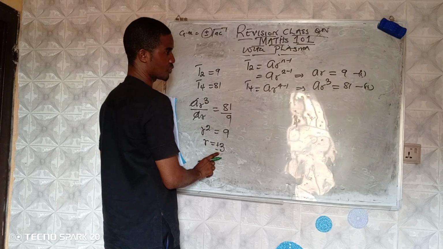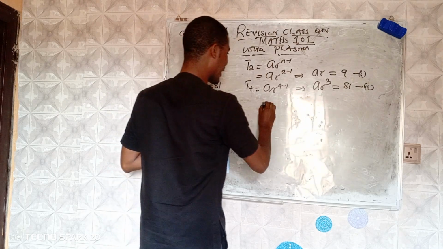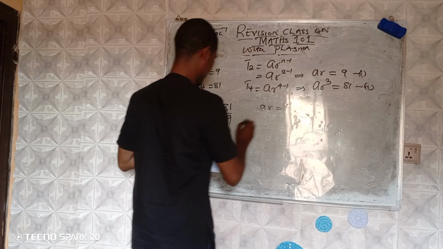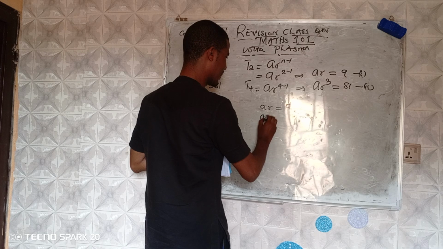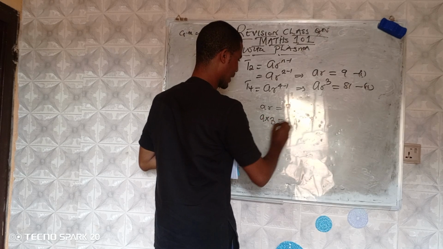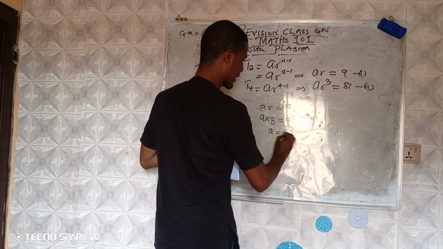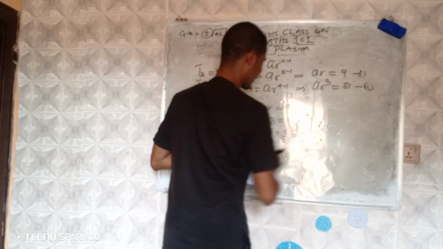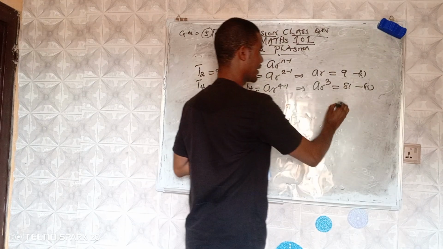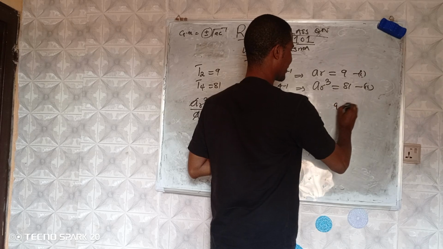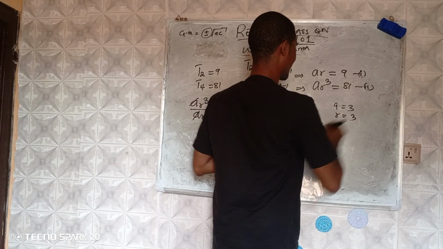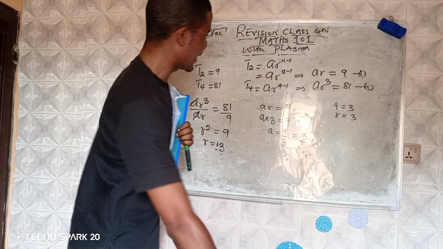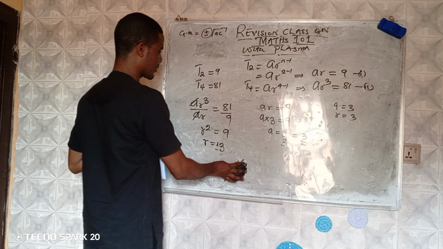If ar is equal to 9 and my r is 3, so a times 3 is equal to 9. So a becomes 9 divided by 3, which is 3. So my a is 3 and my r is 3.